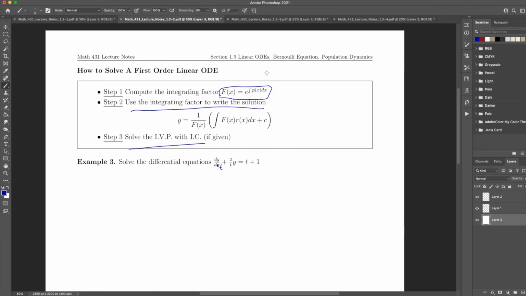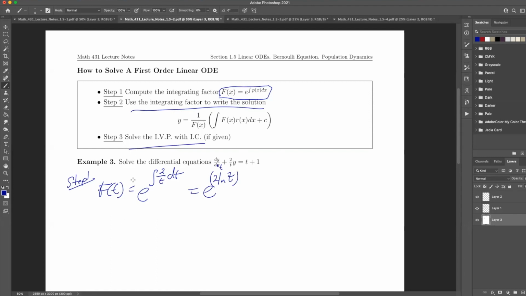In order to solve this, we're going to do step 1. Now that I've done all the hard math, the actual calculations aren't too bad. Here we're going to have f of t, because if it's x, here it's going to be t. F of t is equal to e to the integral of 2 over t dt. This is e to the 2 ln of t, right?